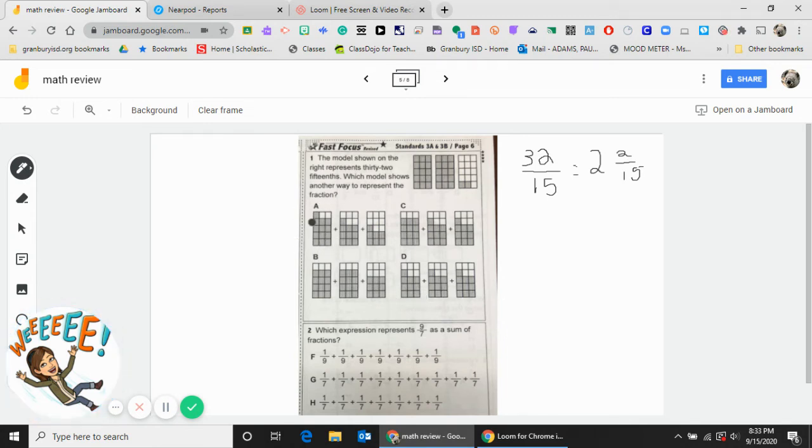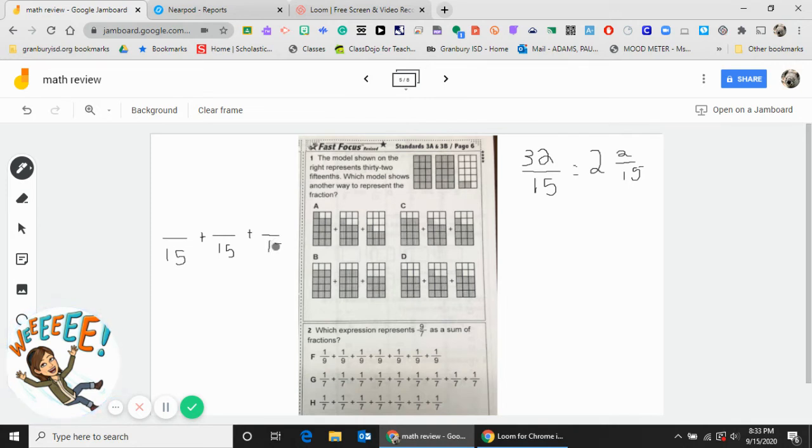So our first picture here, model representation, I know that they're all going to be over 15. I know that for a fact. So I'm going to make my 15s here. And sum means add, so I'm putting my addition marks in between each.